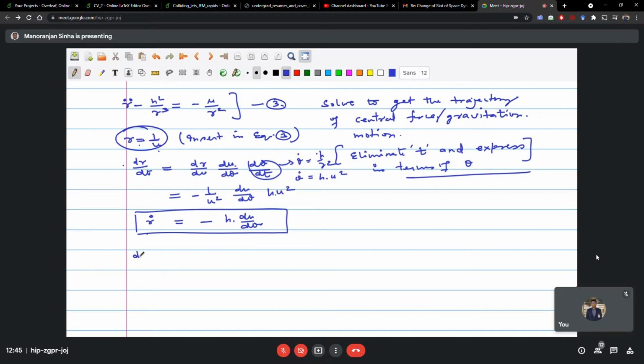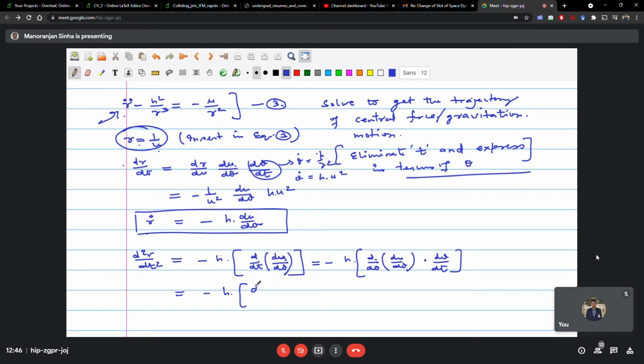We differentiate it once more to get r double dot, and apply the same sequence of derivation here, taking the derivatives. d theta by dt from this place is h u square.